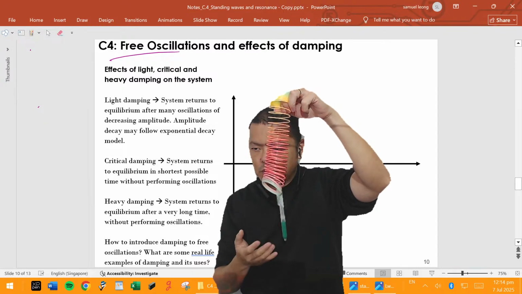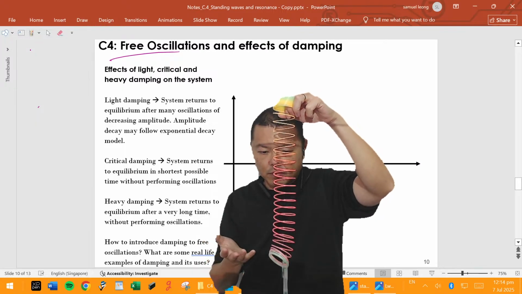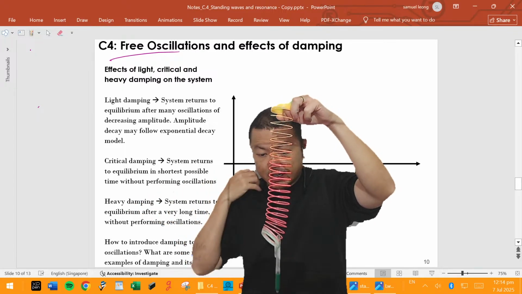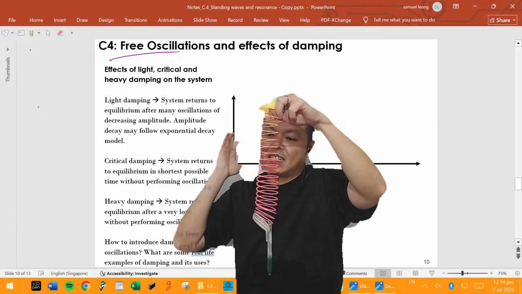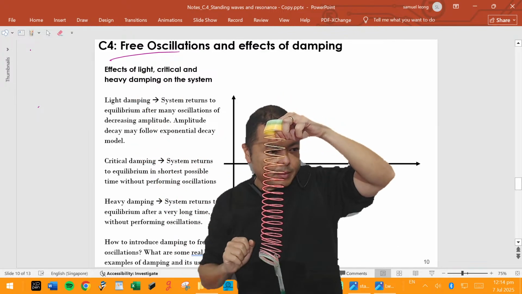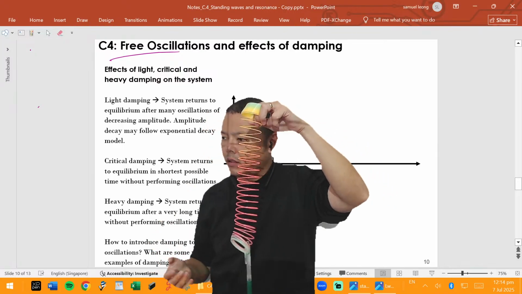Eventually, it will return to equilibrium because there's no more energy. All the energy has been dissipated to resistive forces. If it's just air resistance, this is considered as light damping.